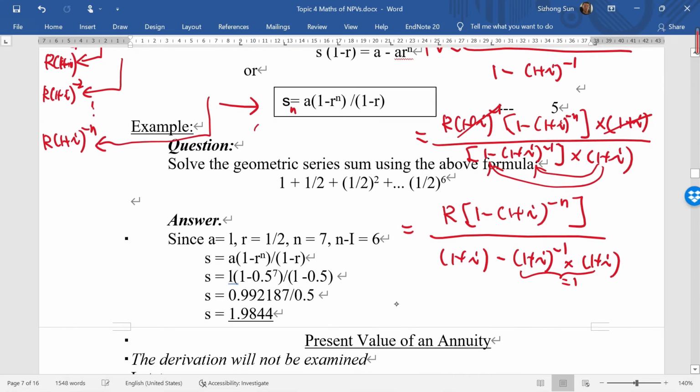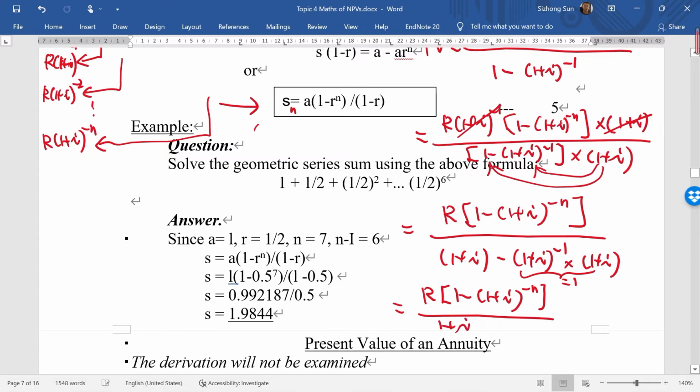So it's equal to R(1 - (1 + i)^-n) over (1 + i) - 1.